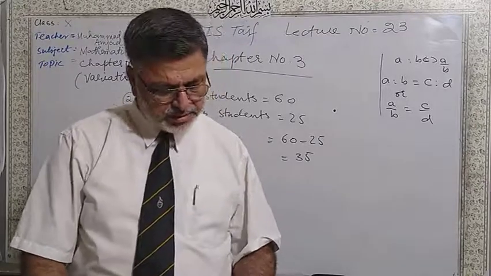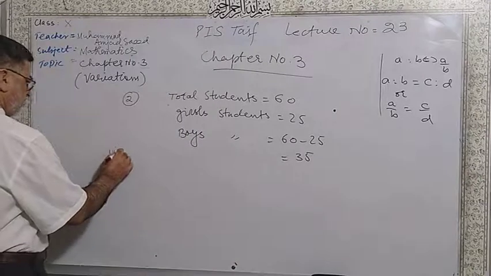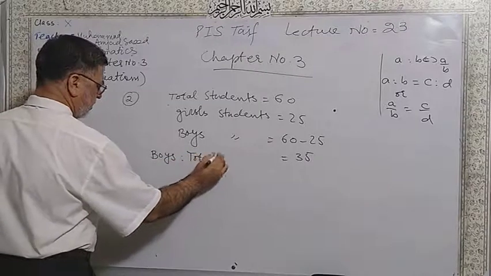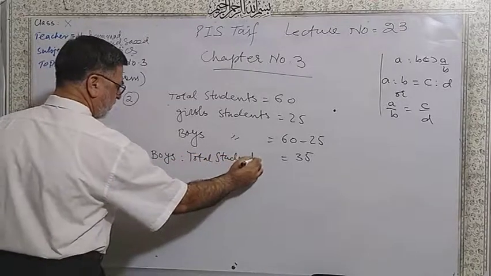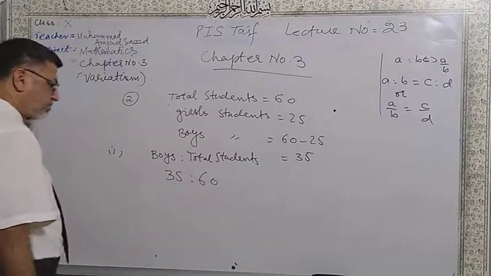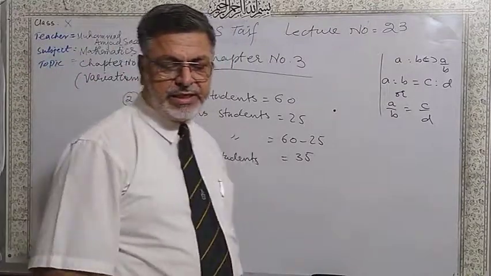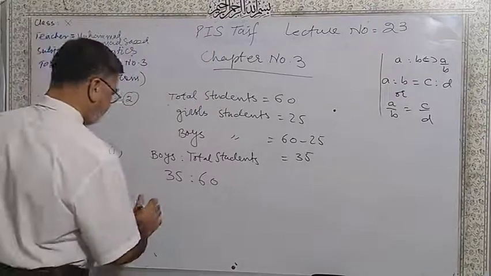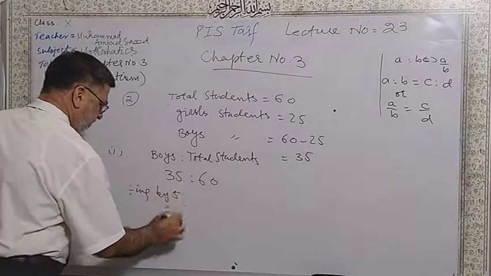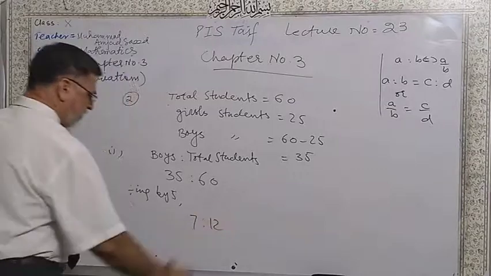After that, the first is boys to total students. Boys ratio total students, 35 ratio 60. Here you will divide by 5. Dividing by 5, you have 7 and 12.